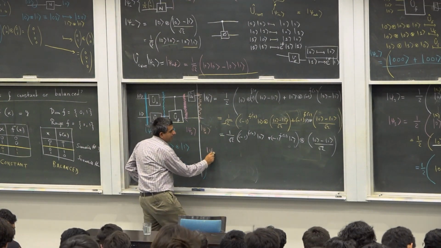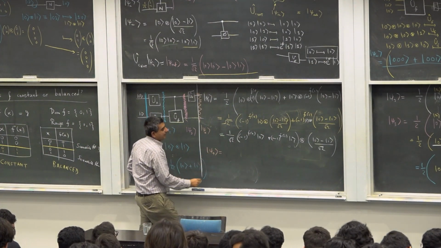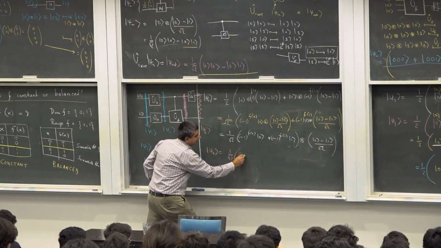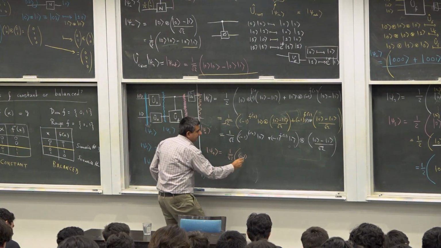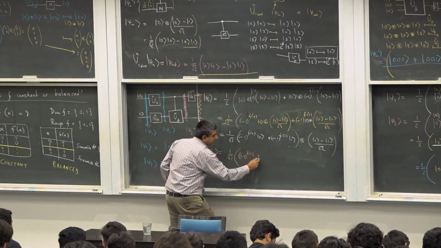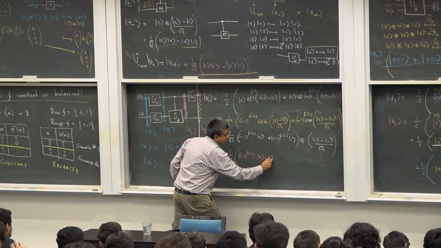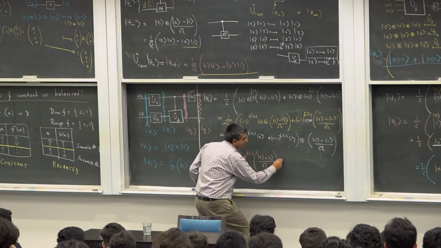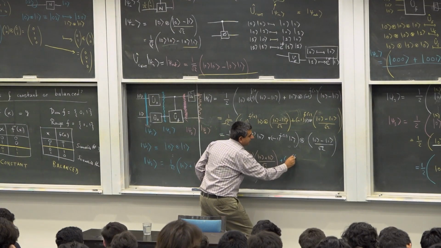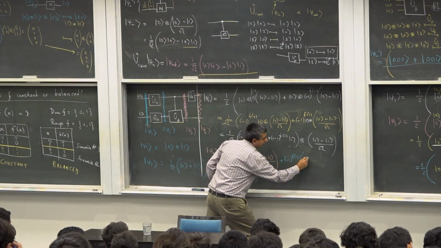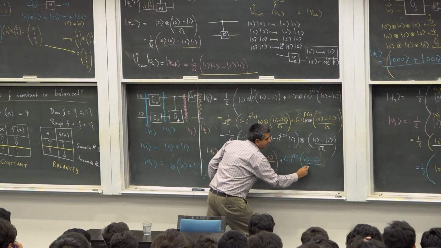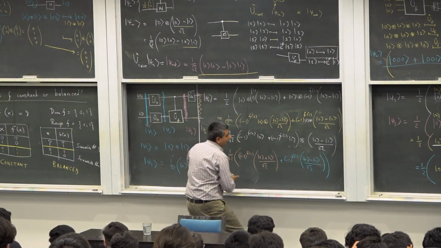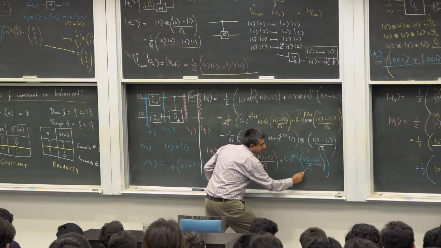Psi 4 is going to be 1 over under root 2 minus 1 f of 0 ket 0 plus 1 over under root 2 plus minus 1 f of 1 ket 0 minus 1 over under root 2, all of this tensored with the second qubit.